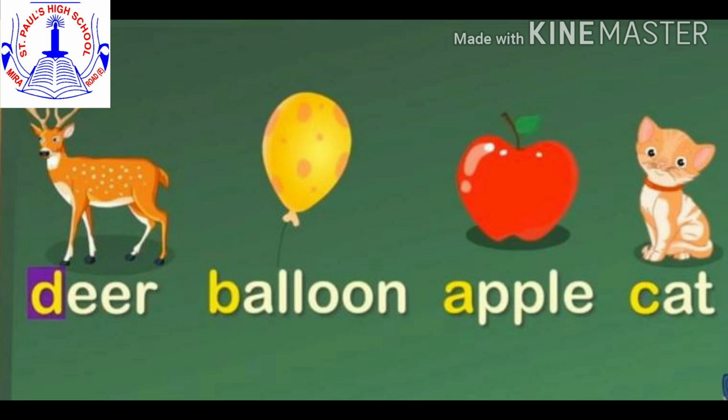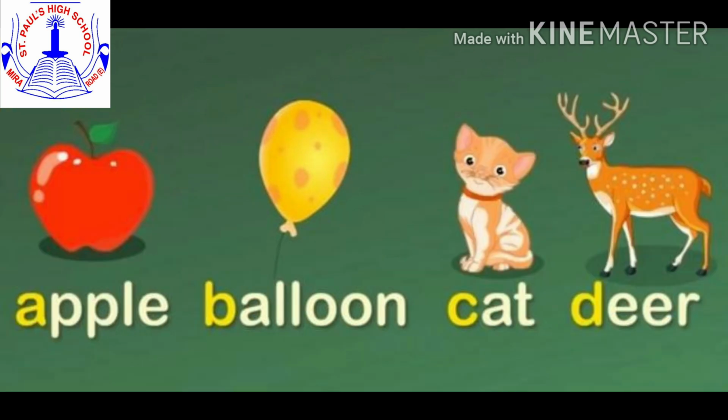The word that begins with the letter A comes first, followed by the word that begins with the letter B, then C, and then D. So this list in alphabetical order will be like this: apple, balloon, cat, deer. The correct answer of alphabetical order is apple, balloon, cat, deer.